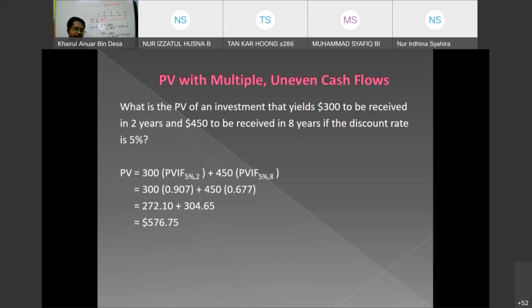Macam tadi lah, dia sedikit berbeza yang kat belakang. You can try both formula and also table, and you can see the difference. A bit different, especially in the last figure here. The difference is about 1 ringgit or 1 ringgit plus.